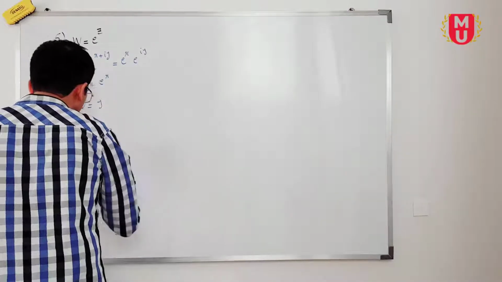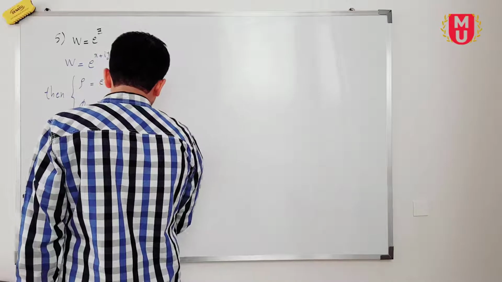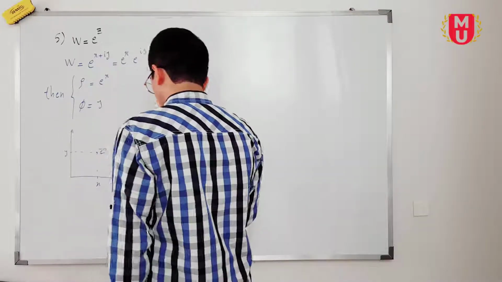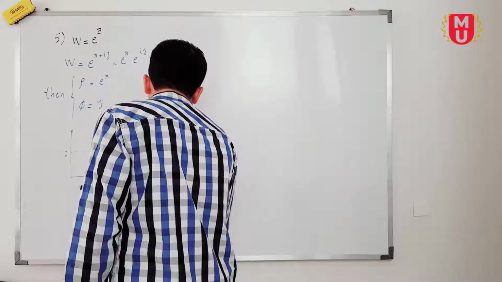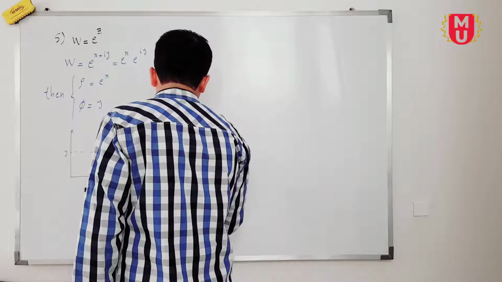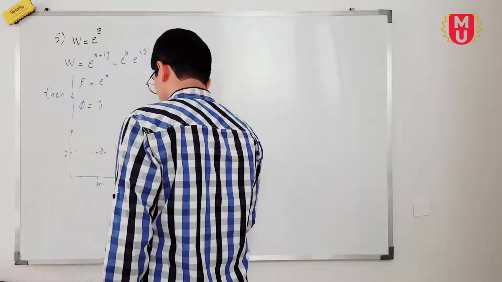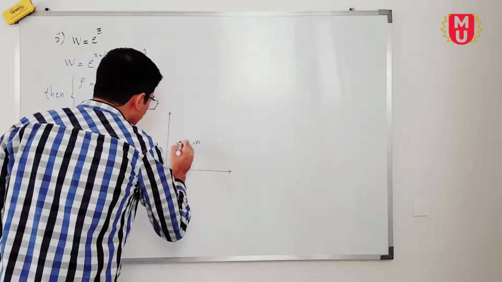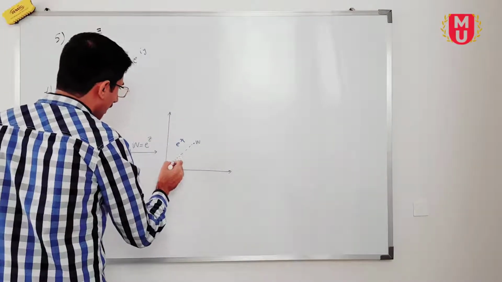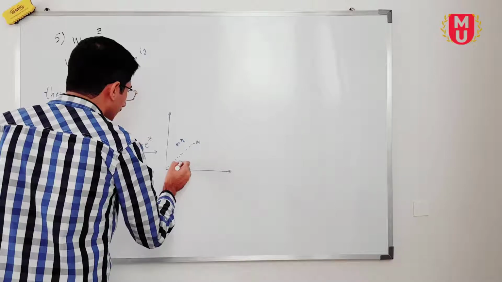Under the mapping of w equals e to the z, our region for w: this is our radius of e to the x, and this is phi, or v. This is our angle.